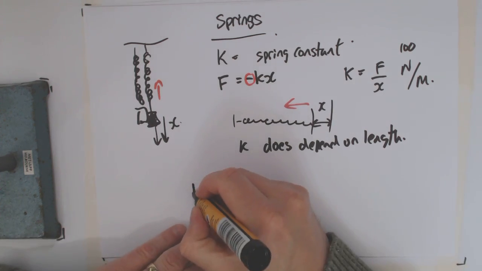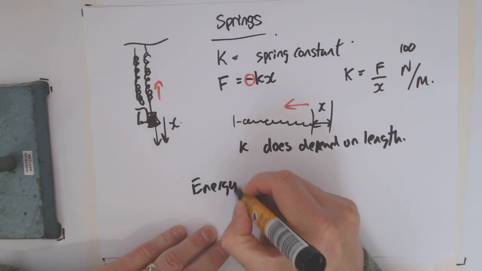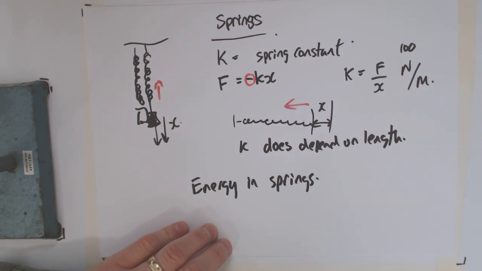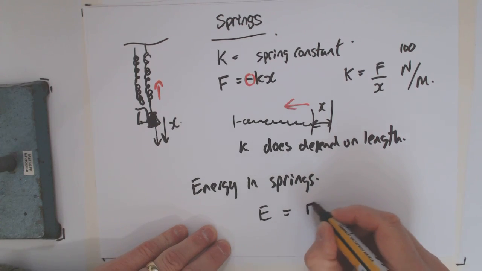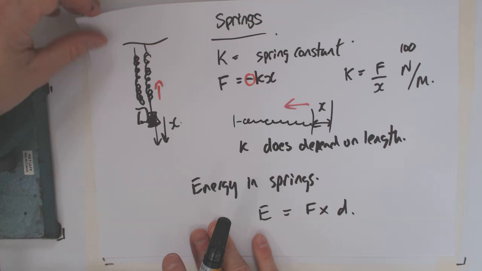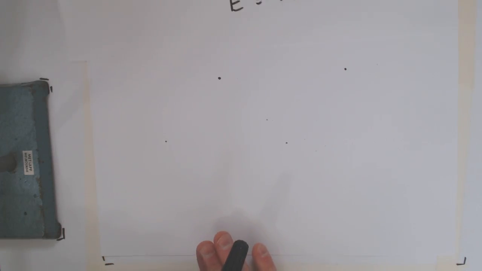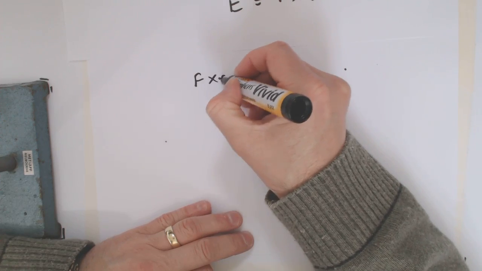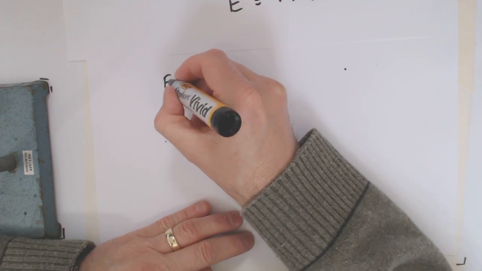What we want to look at, and one of the main things we do like to look at, is the energy in springs. Now, we all know that energy is equal to force times distance, or we should. We're going to be looking a bit more at energy in the next unit of physics or mechanics. So, force times distance equals energy.